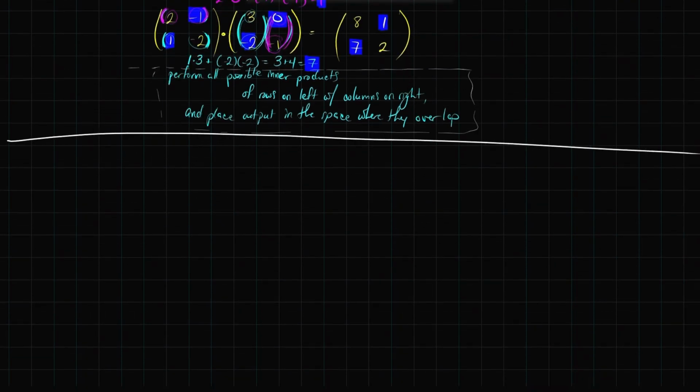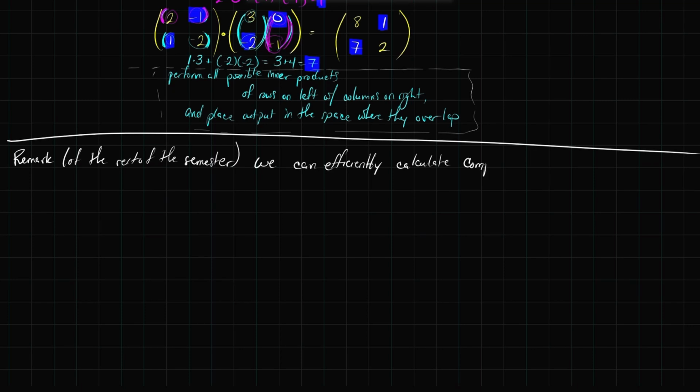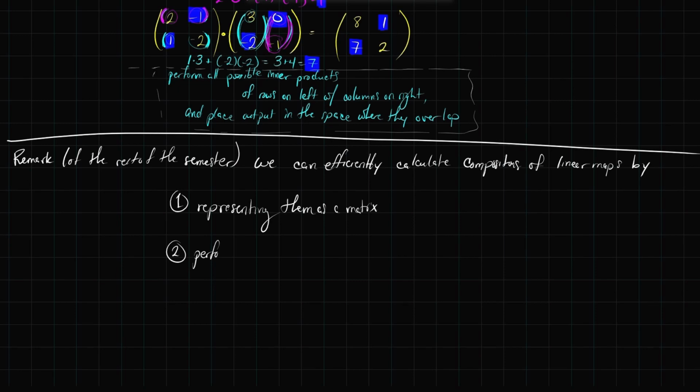So I'm going to go ahead and make the remark. The primary remark for really the rest of the semester is that we can efficiently calculate compositions of linear maps by first representing them as a matrix, and second, performing matrix multiplication.